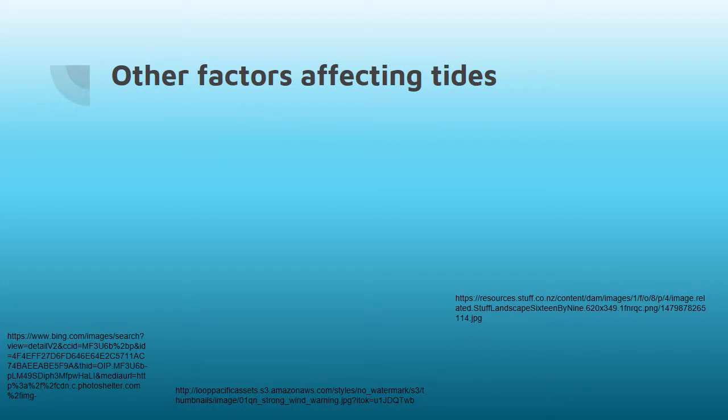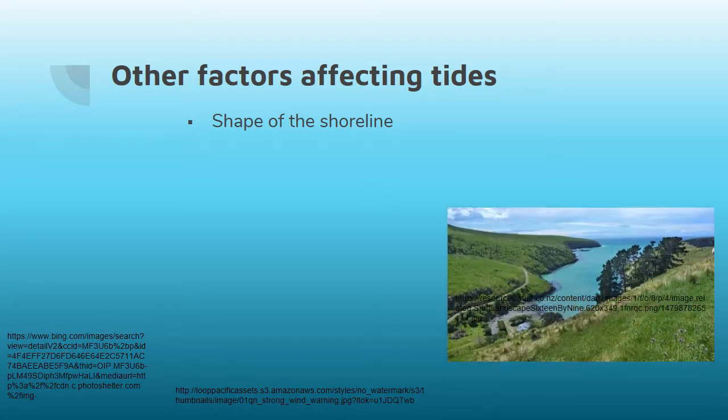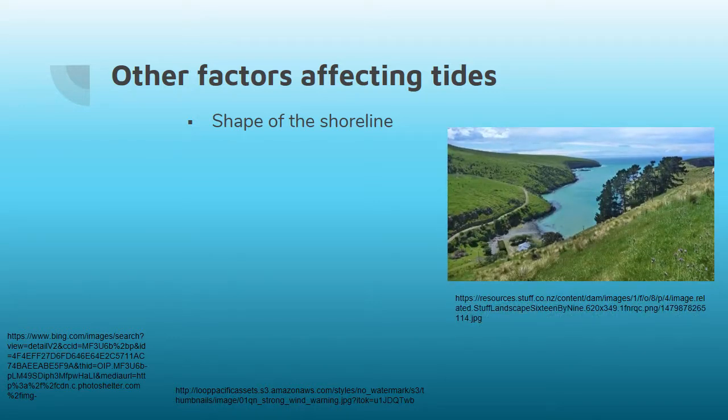So what are some other factors that affect tides? Well, there is the shape of the shoreline, which can be a factor in it. And this is an example of a shoreline that's kind of funnel shaped. And this typically leads to higher tides with more aggregation and turbidity.